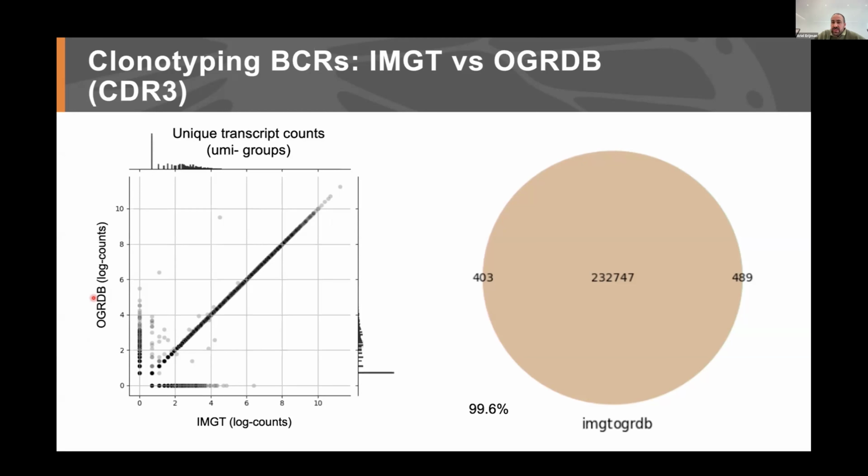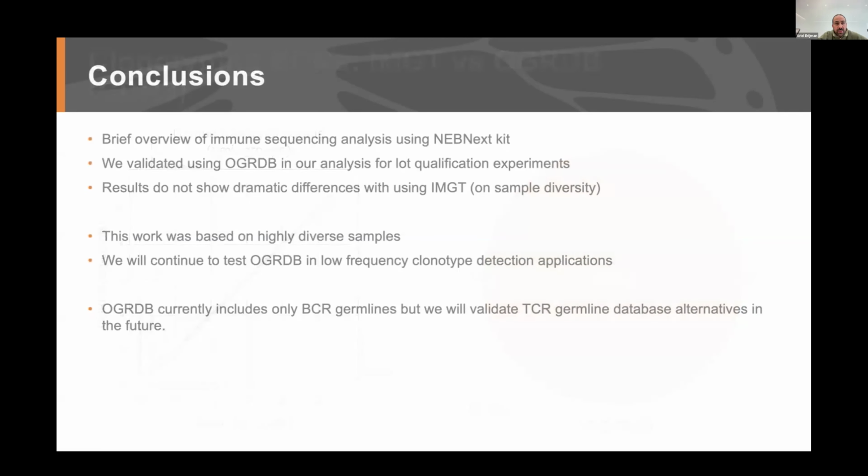The only difference is for cases where, for instance, there was a misassignment of a V region that presumably did not allow to find the cysteine or tryptophan and phenylalanine in J regions to generate the CDR3, and therefore we could not compare it using the other database, but in general it is extremely good, 99.6%.